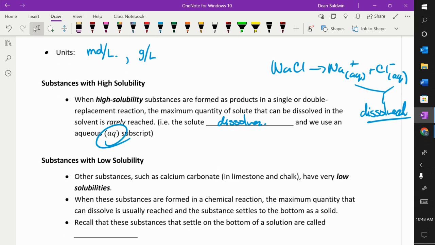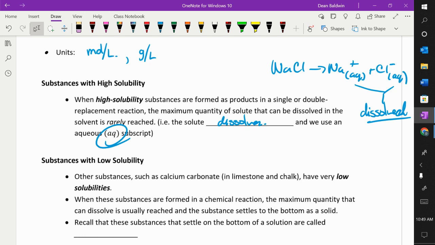Then you'd have to define what it is. Well, if you're going to dissolve it in acetone or paint thinner, you'd have to state that. You wouldn't write AQ though. You'd probably say the liquid, whatever it is. NaCl plus methanol, CH3OH.